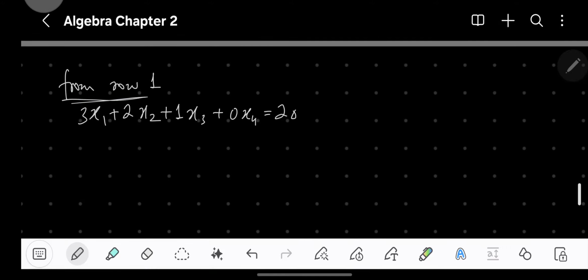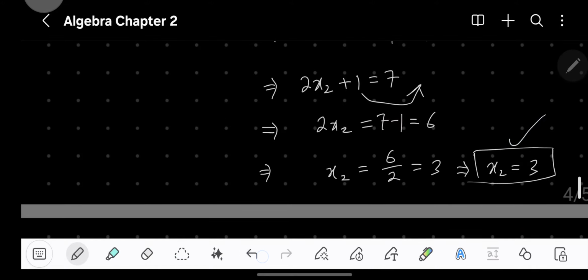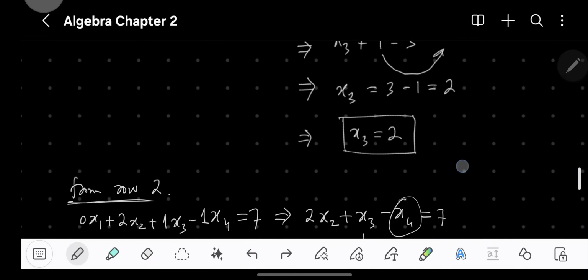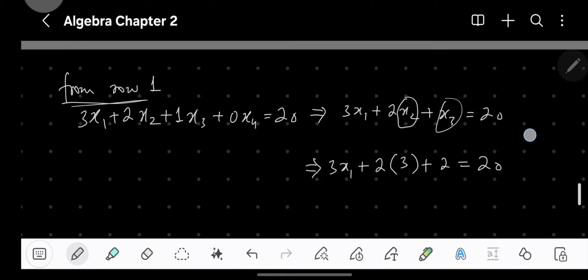Now this is 3x1 plus 2x2 plus x3 is equal to 20. I know the value of x2 and the value of x3, because x2 is 3 and x3 is 2. I will put their values here: 3x1 plus 2 times 3 plus 2 is equal to 20.